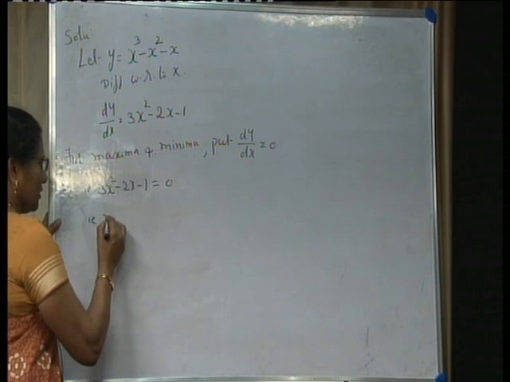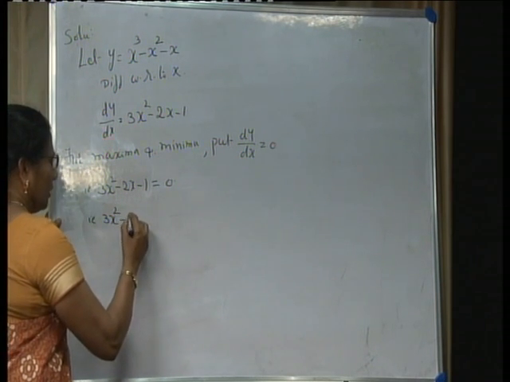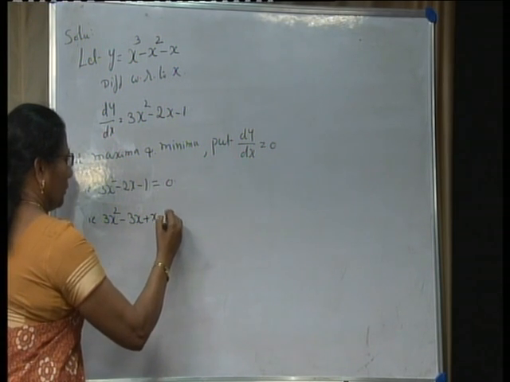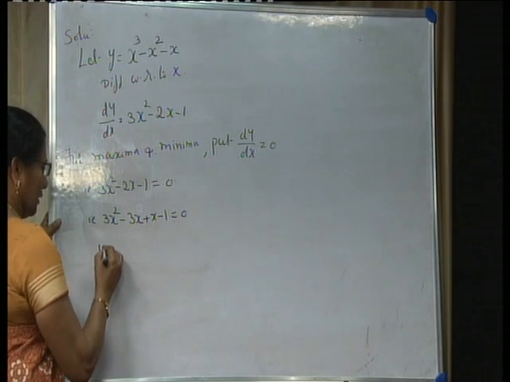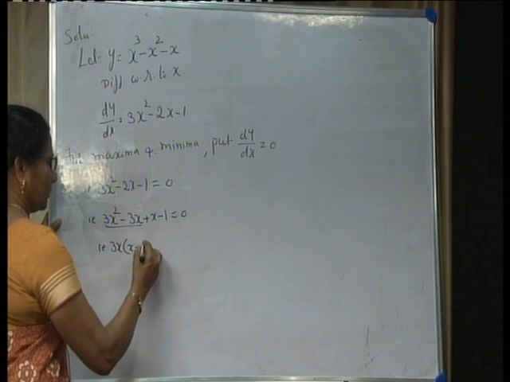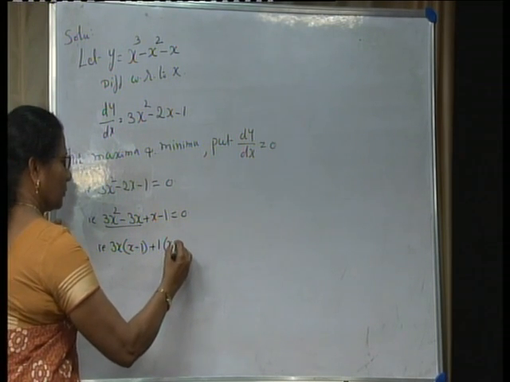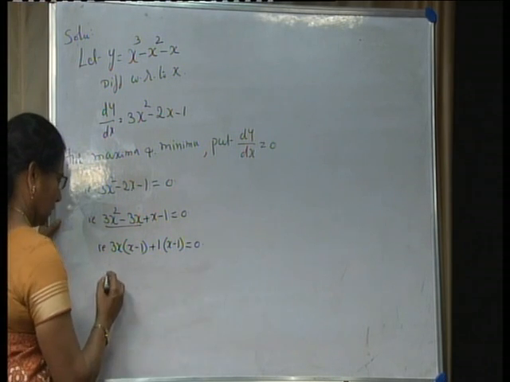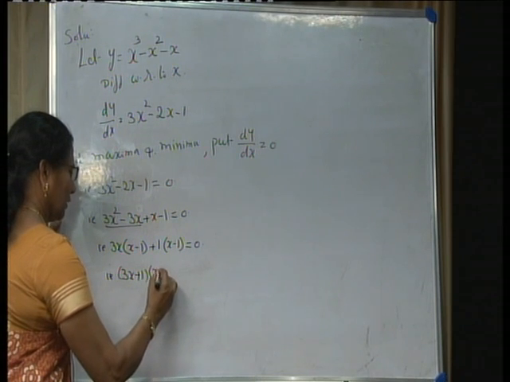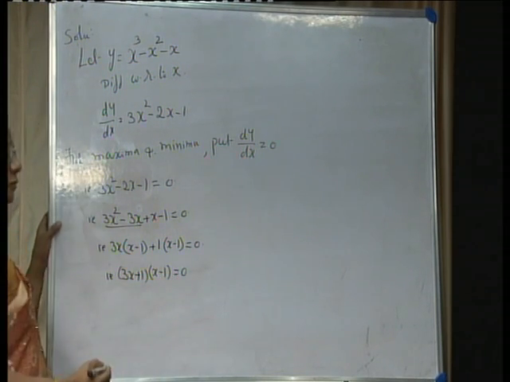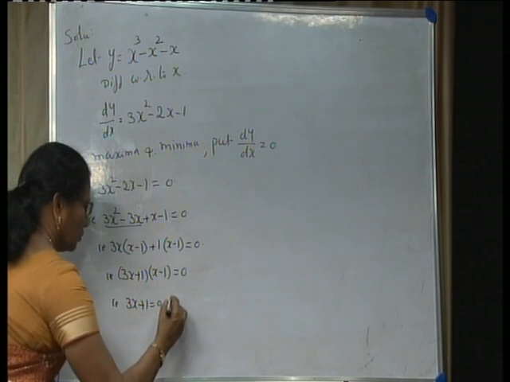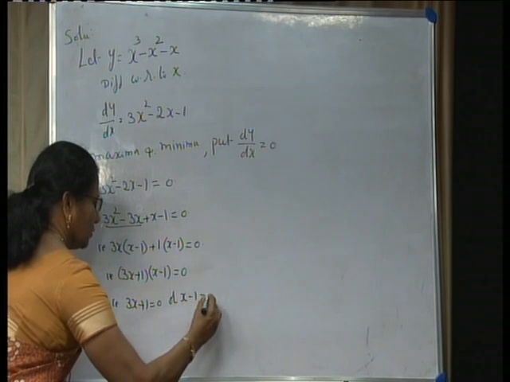Factorization: 3x squared minus 3x plus x minus 1 is equal to 0. That is, 3x is common in the first two terms, x minus 1, plus 1 is common, x minus 1. This is the factorization, that is (3x plus 1) into (x minus 1), that is 3x plus 1 is equal to 0 or x minus 1 is equal to 0.